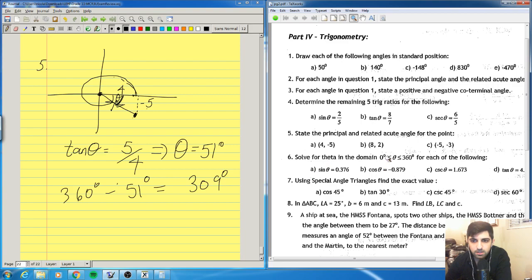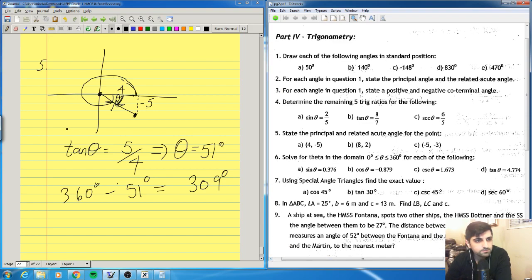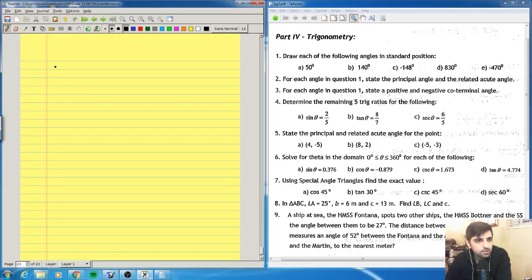Solve for theta in the domain 0 to 360, so the full four quadrants, for sine theta equals blah. Let's do the last one. I'm assuming that the last one is the hardest. So you get 6d: tan theta equals 4.774.